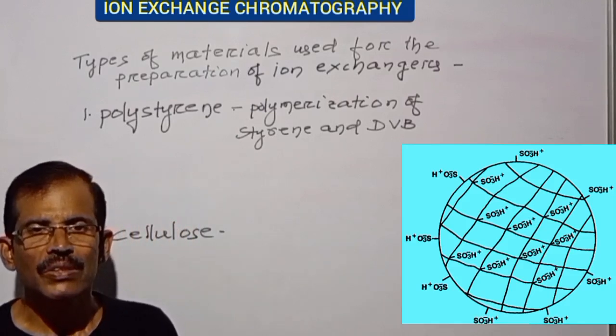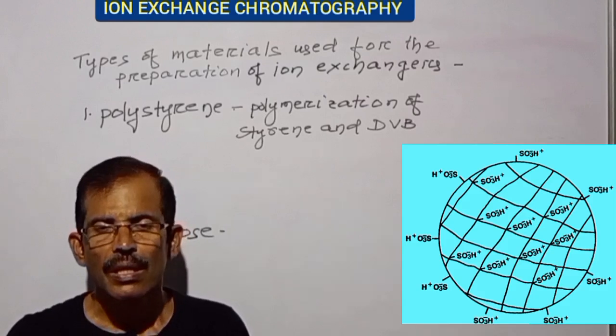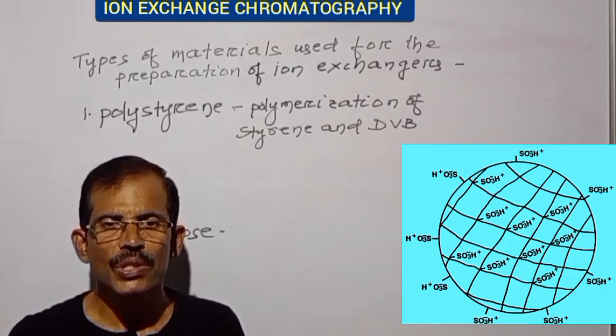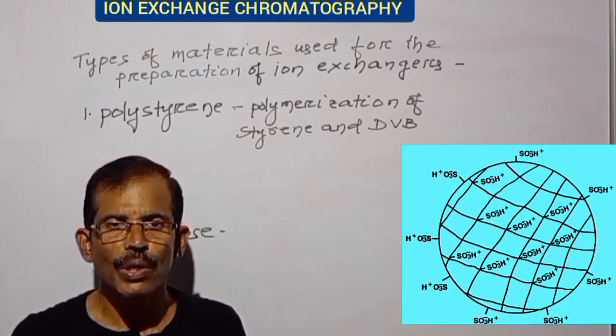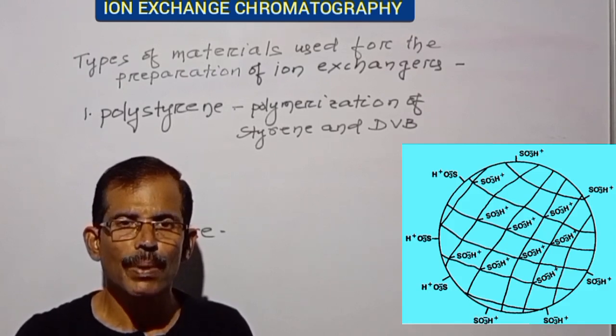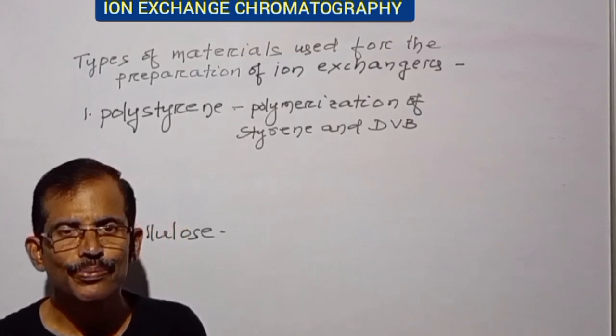Strong anionic exchangers are prepared from polystyrene-based resins by treatment with tertiary amine. Secondary amine can be treated with the polystyrene for the preparation of weak anionic exchanger.